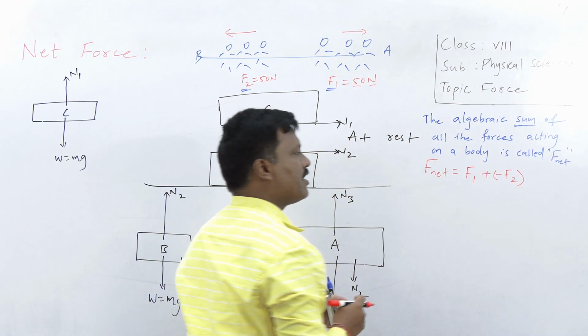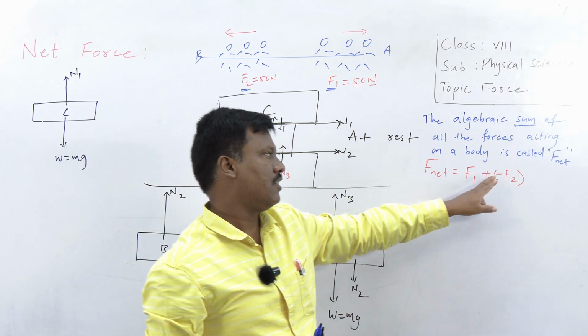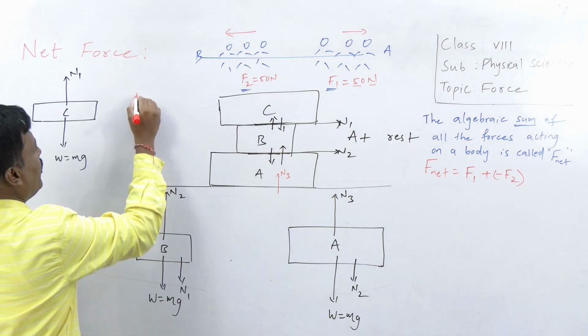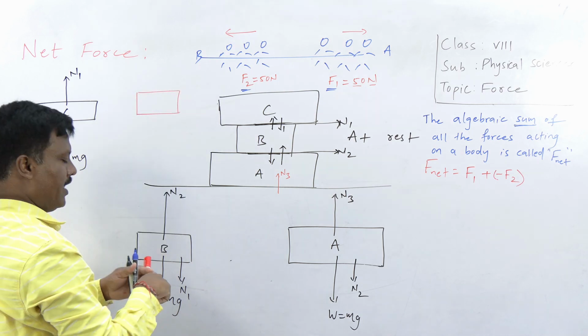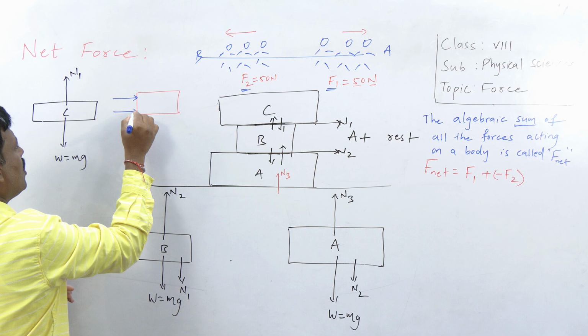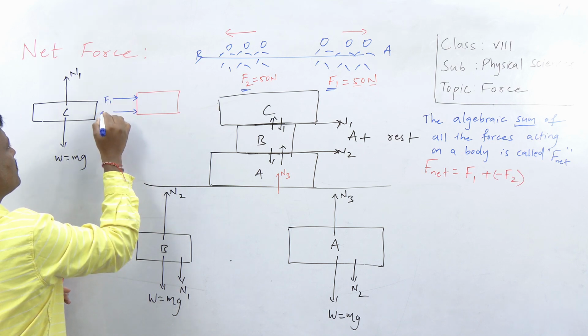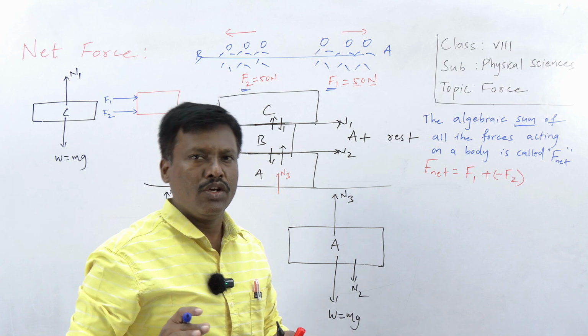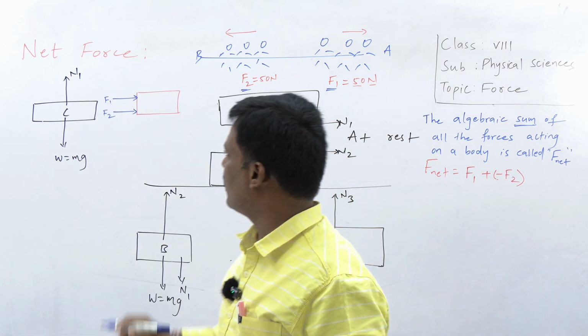Why do we have to take the negative sign? Because here the directions of the forces are different. For example, if you take the block, let us imagine two forces are acting on this block. One is F1 force, the other one is F2 force. How many forces are acting on the block? Two forces are acting. In which direction?